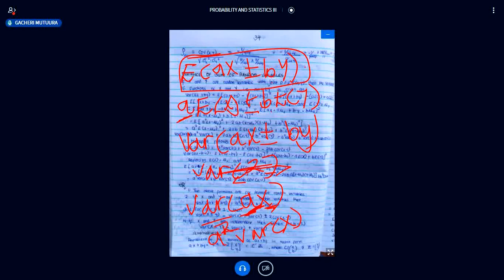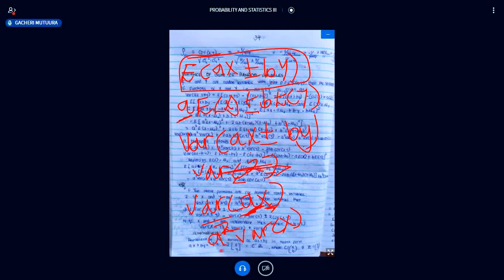So now here we have 2 variables, x and y. So yes, we are going to have an a squared variance of x and a b squared variance of y. But now also remember, there is the term for the relationship between x and y. Since x and y are jointly distributed, then there is of course a covariance term. The covariance term for x and y will now be affected by these 2 values, a and b, because it is a covariance between x and y.